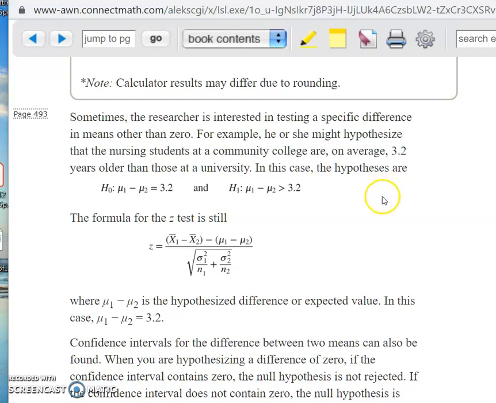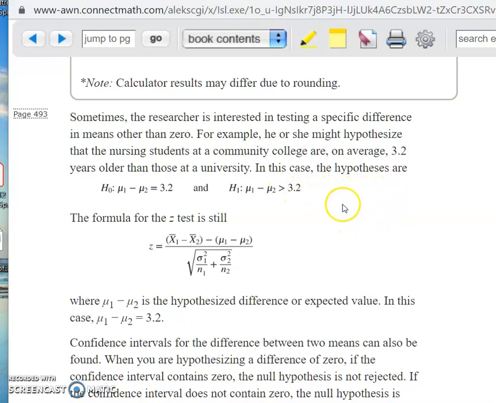People will sometimes have other obligations and they don't get back to college after high school for a little while. So it's conceivable that the average age on a community college campus is 3.2 years older than those at a university. So his research hypothesis is that mu1 subtract mu2 is greater than 3.2 years.